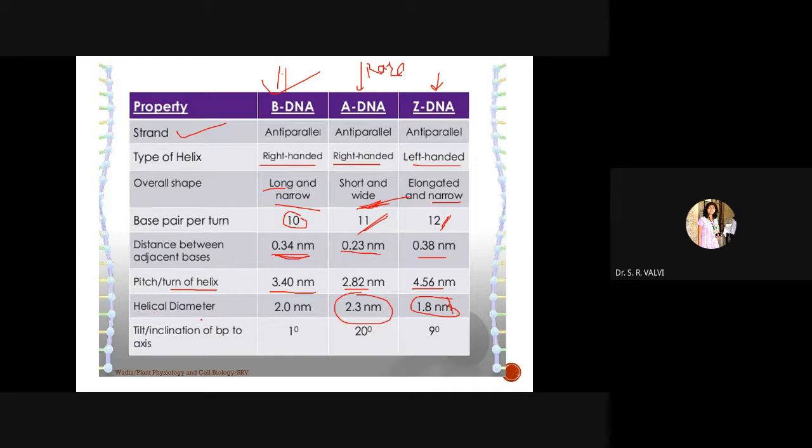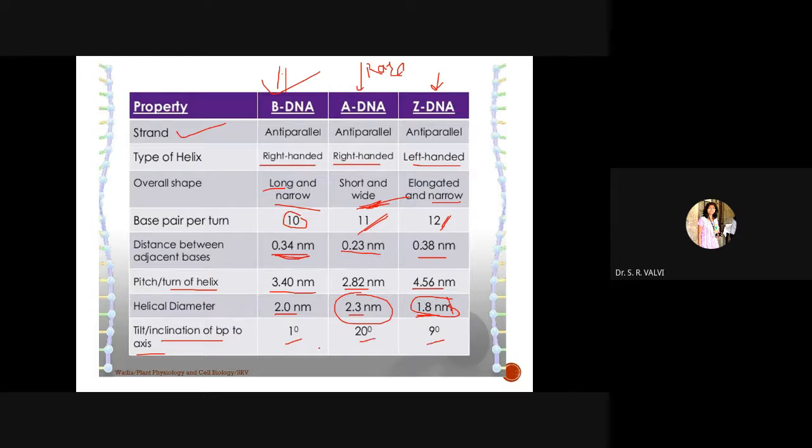Again here it is helical diameter. B DNA has a diameter of 2, A has 2.3, whereas Z has 1.8, the narrowest, of Z type of DNA, right? Then this is the tilt or inclination of base pair to the axis. So how inclinedly they are present to the axis: 1 prime, 20 prime, and 9 prime, right?